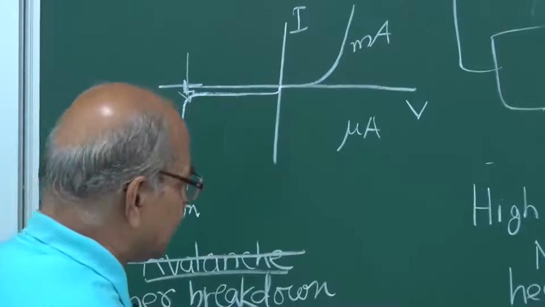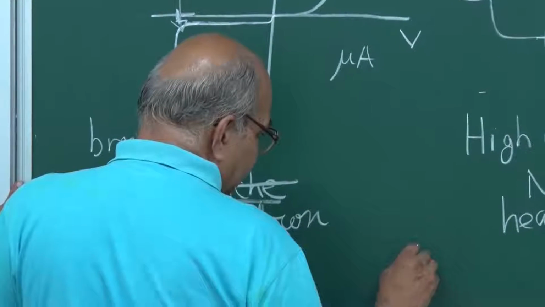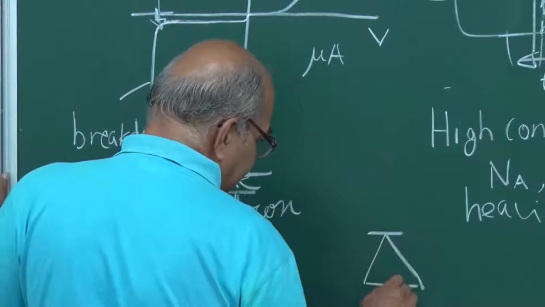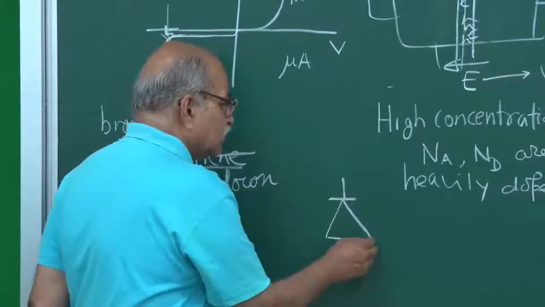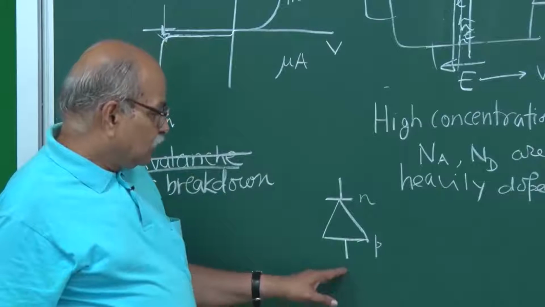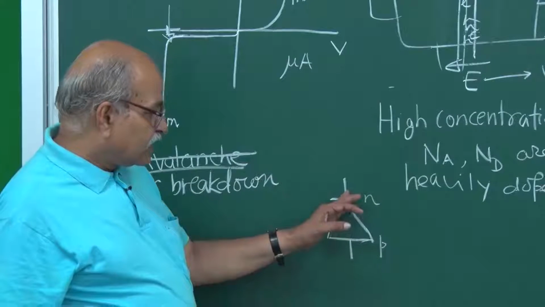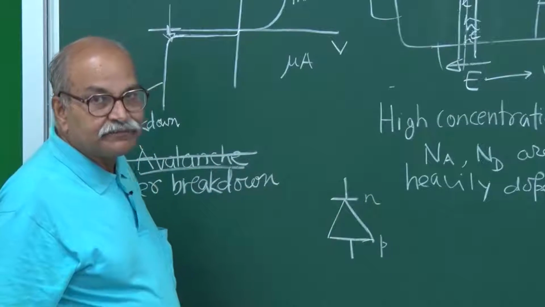There is a separate symbol for that. For our usual diode, we draw a triangle and then we put a line here. This denotes your P side, this denotes your N side, and if the current goes in this direction, that is the forward biased current. If the current goes in this direction, that is the reverse bias current.